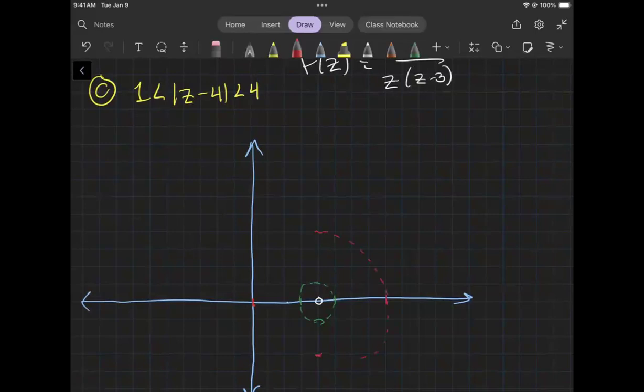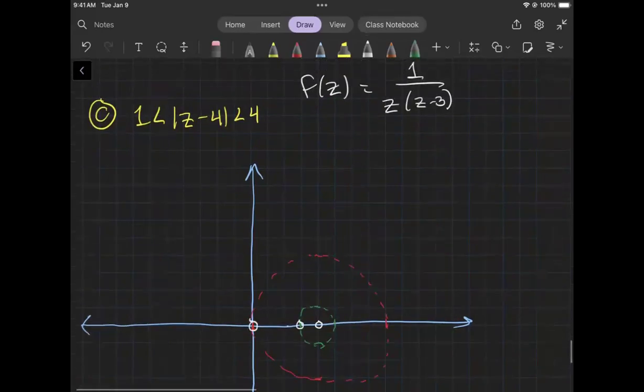So this region right here. In this case, it's analytic except at z equals 3 and z equals 0, and everywhere else it is analytic. So they're talking about this annular region here. This one's going to be a little bit trickier.